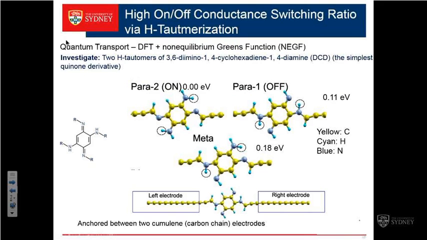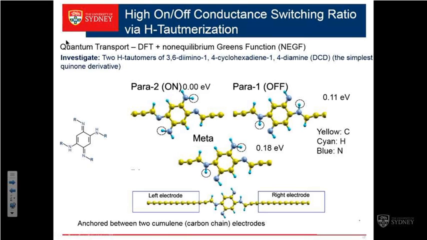So this is a study, for example, looking at such a molecule and trying to investigate an on-off switch using what's called tautomerization. So what is that? These little blue spheres are hydrogen atoms.